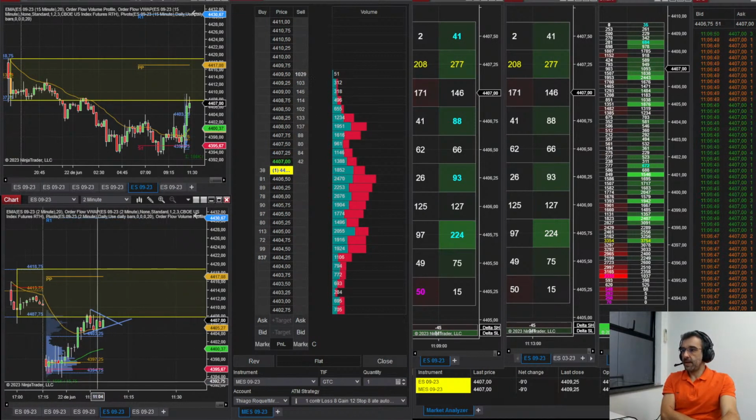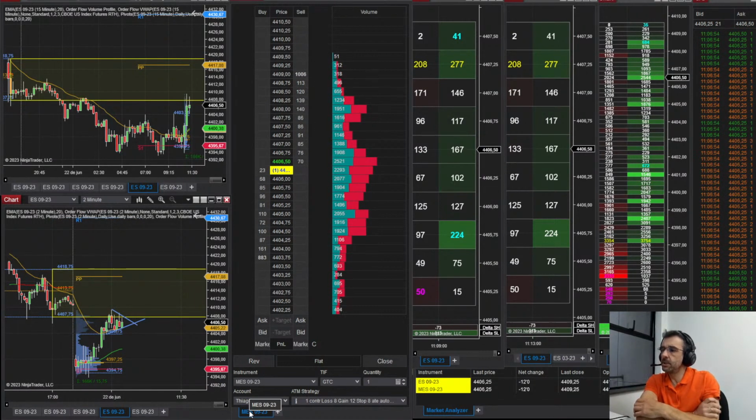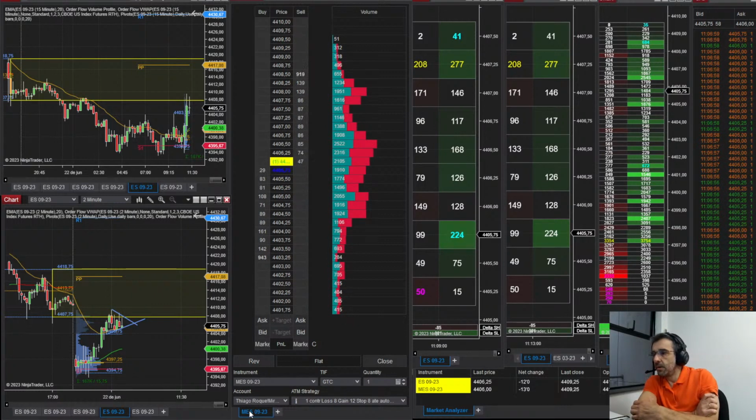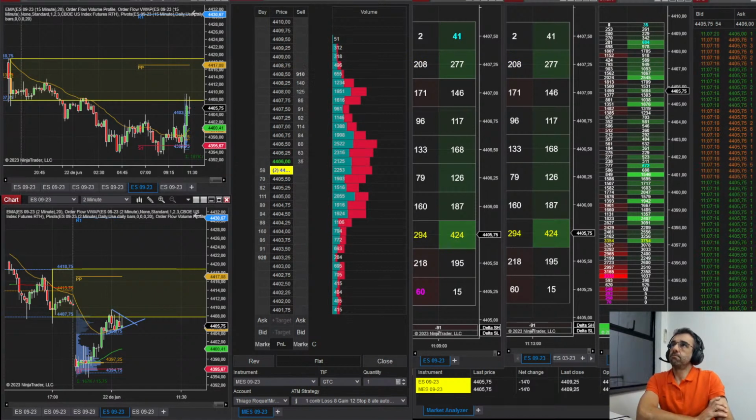Will we find another triangle and opportunity? We've been doing well in fighting these triangles. Ascending, descending, continuing, reverting. Let's see.